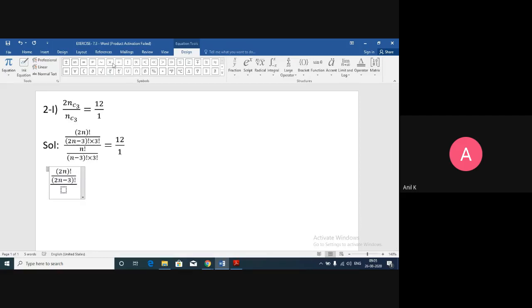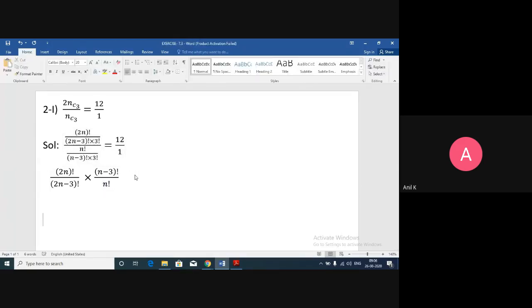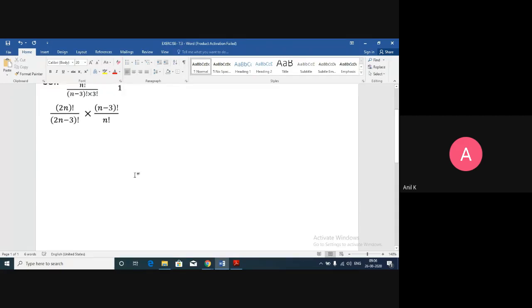The denominator fraction, n factorial upon n minus 3 factorial, I can take as the reciprocal. So I'll get n minus 3 factorial upon n factorial. It is fraction upon fraction, so the denominator fraction will be reciprocal.